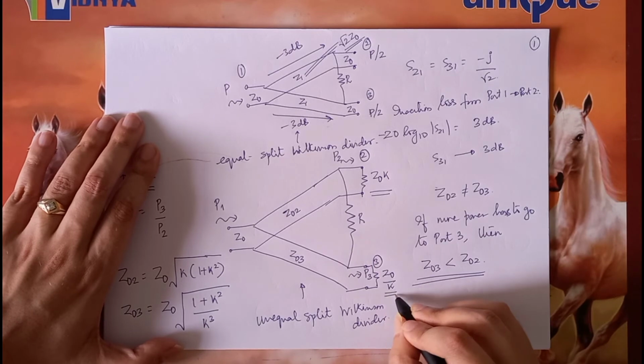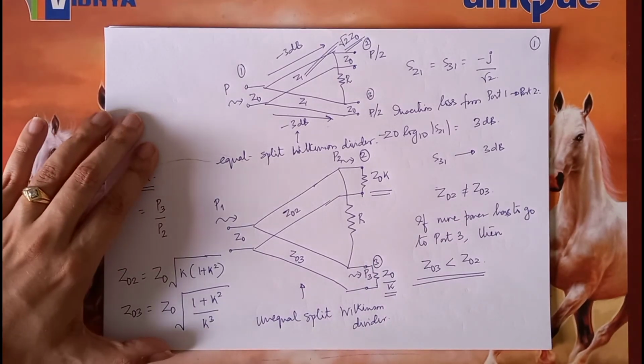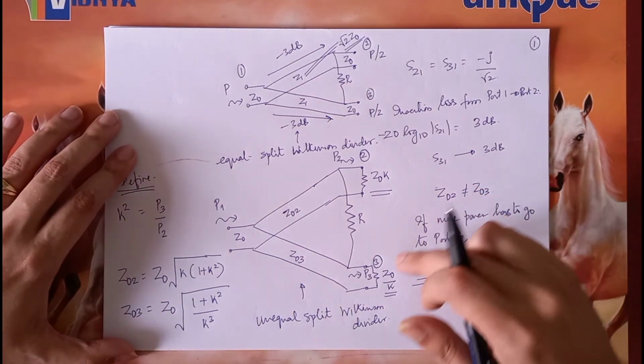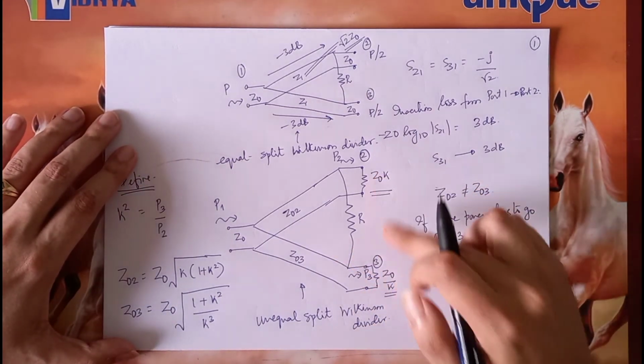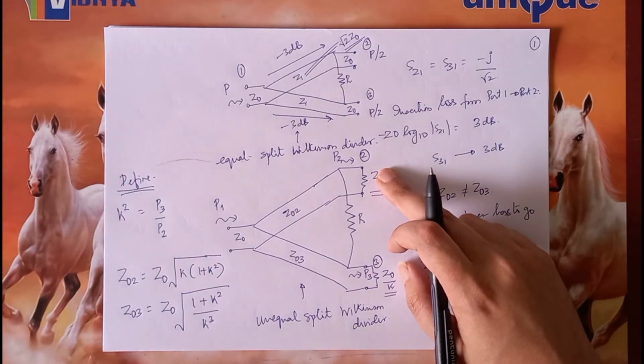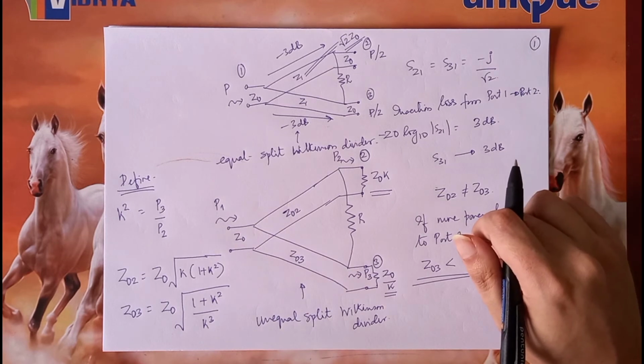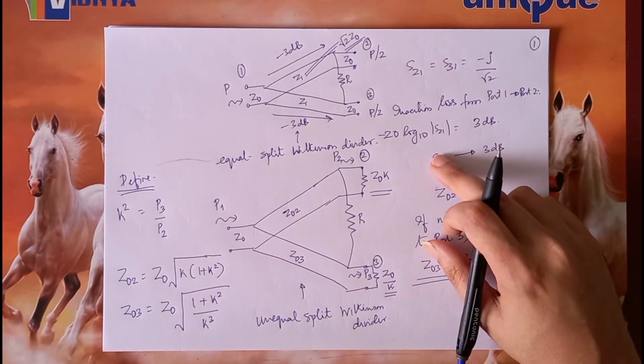The terminating impedances at ports 2 and 3 are now no longer Z0. I leave it to you as an exercise to prove that only if the terminating impedances at ports 2 and 3 are these two quantities, port 1 will see a matched impedance of Z0. This you can prove quite easily.